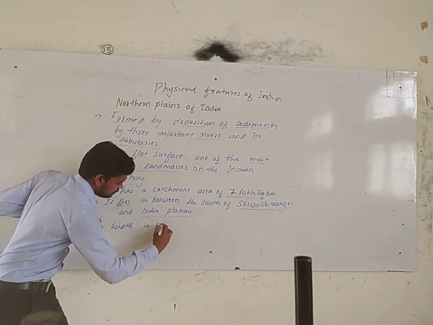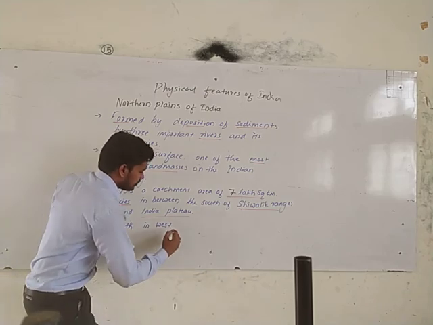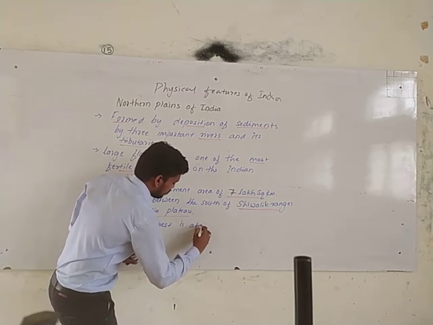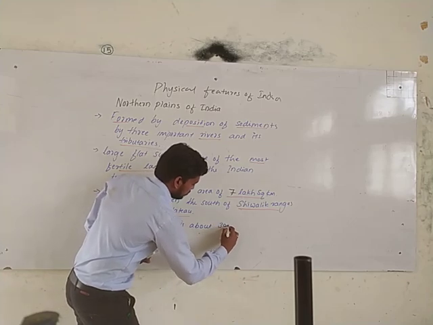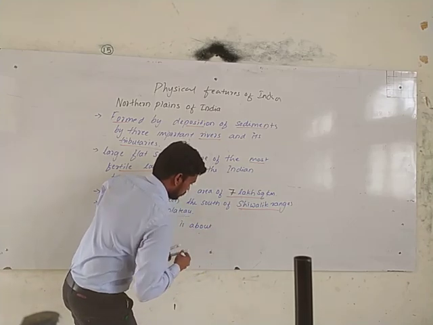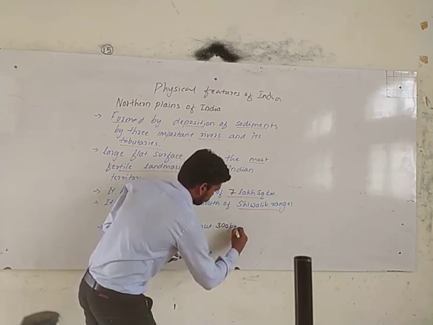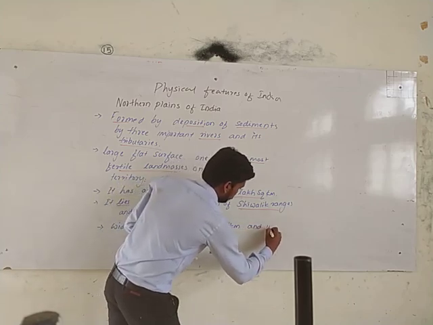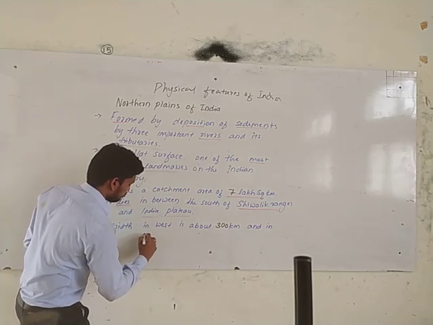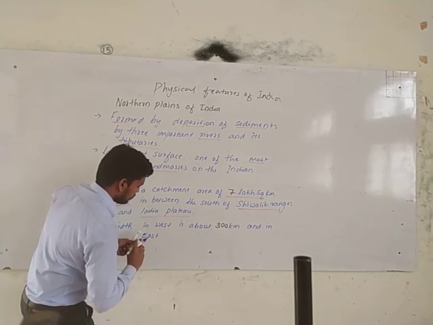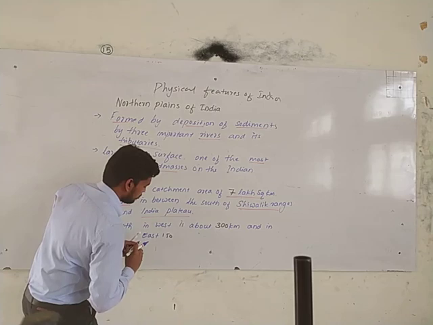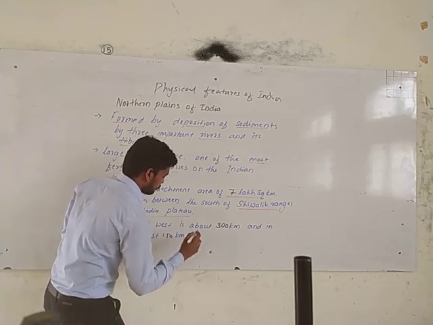The width in the west is about 300 kilometers, and in the east around 150 kilometers.